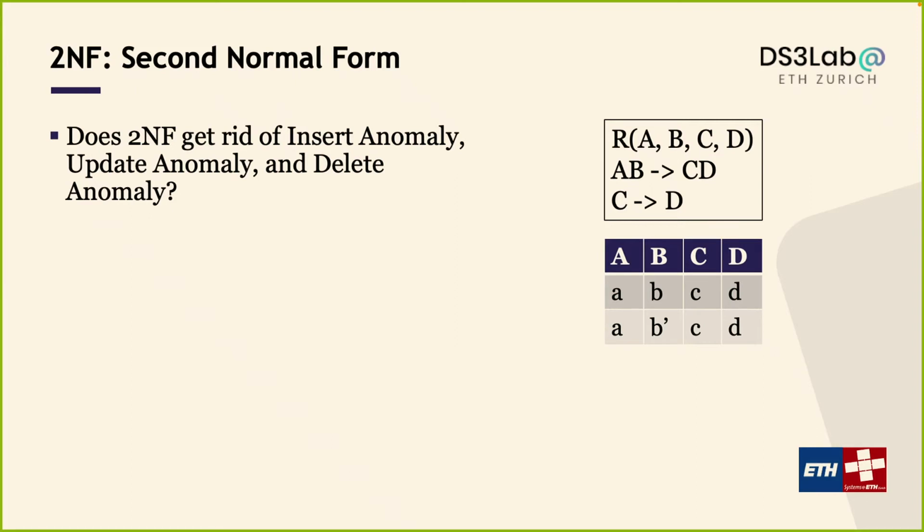The way to think about it is to look at every single attribute. You look at attribute A and first think about whether it is a key. AB is a key, so A is part of a key. Fine, it's not a non-key attribute. B is also not a non-key attribute because AB is a key.